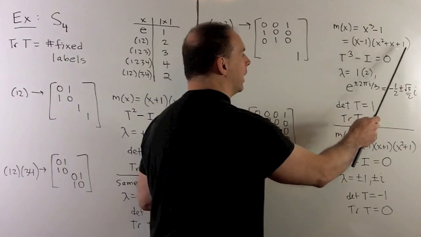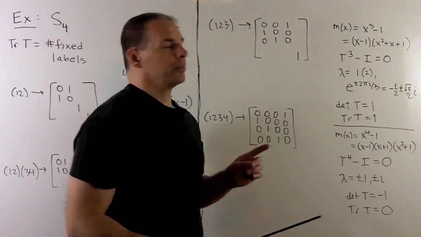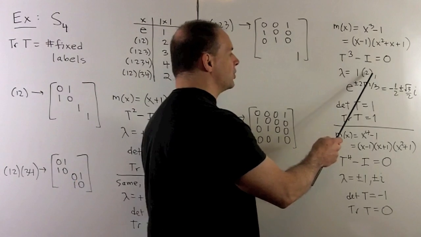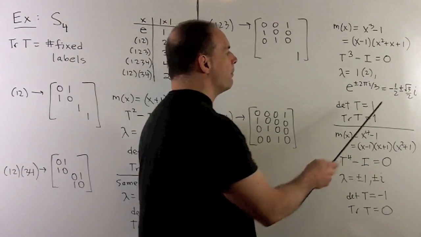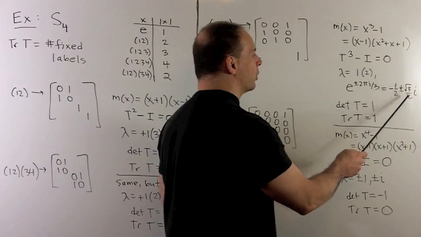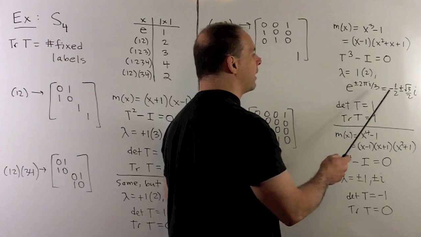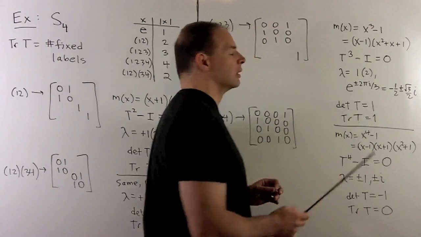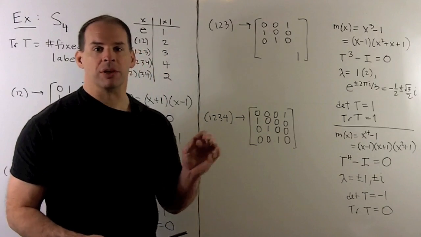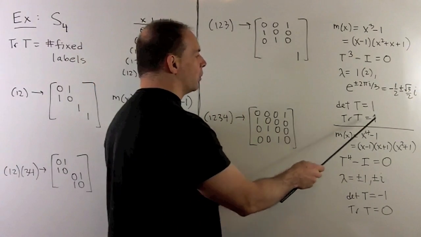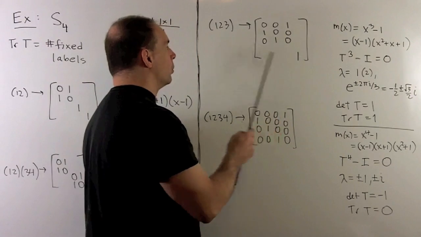Using the quadratic equation, we see the eigenvalues are going to be 1 with multiplicity 2, then minus a half plus or minus square root of 3 over 2 i, which is just e to the plus or minus 2 pi i divided by 3. Determinant is equal to 1, so we have an even permutation. Trace is equal to 1 for our one fixed label, which is 4.